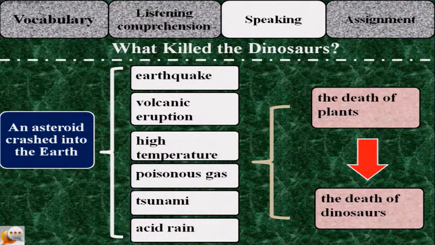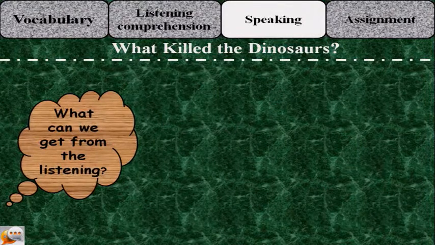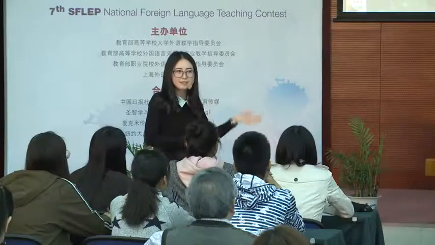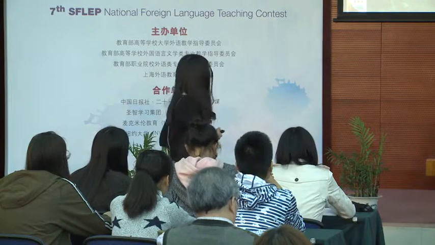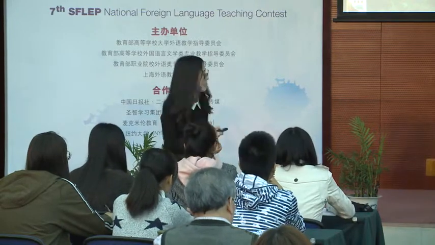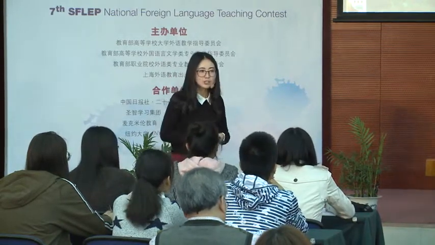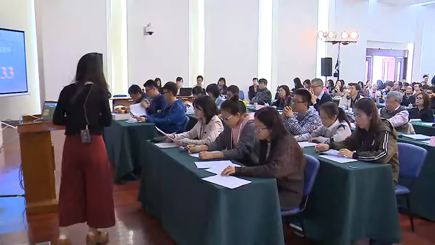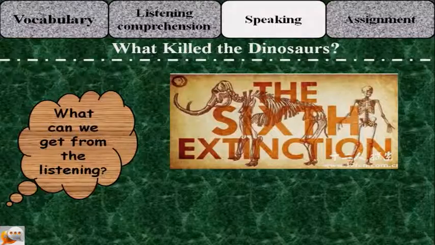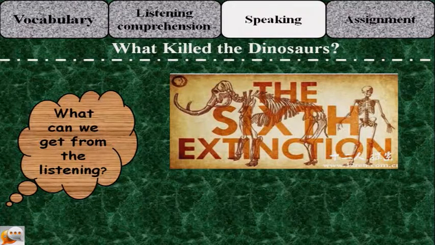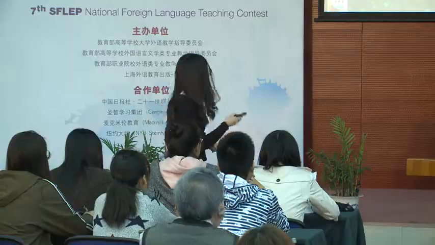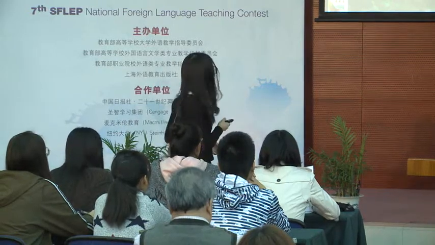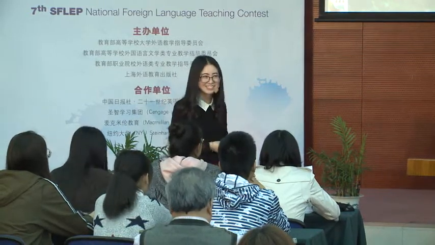Okay? Right, so let's see. What else can we get from the listening material? What else? Do you still remember at the beginning of the class, I gave you the handout with 5 extinctions that happened throughout history. So, is there any possibility that we'll have the 6th extinction that will change us into this?